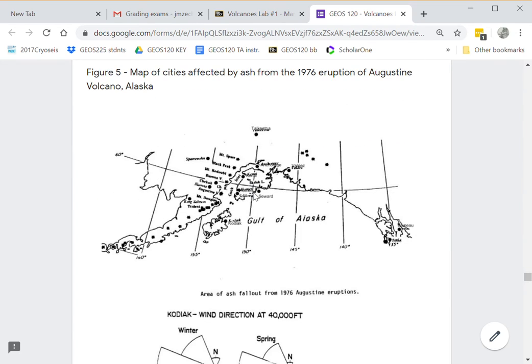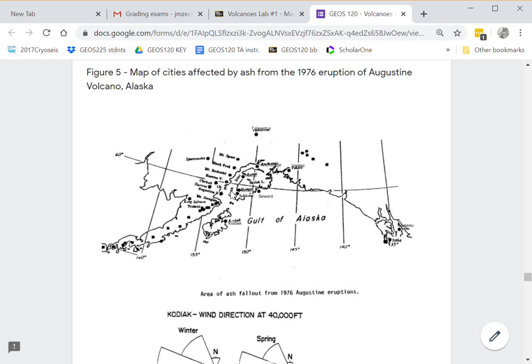There's a series of questions that asks about ash clouds coming from Augustine Volcano. It shows you this map. This map is kind of hard to read, but Augustine Volcano is right here. There's Talkeetna, Valdez, Anchorage, Kenai, Homer, Seward. Fairbanks is up here somewhere.